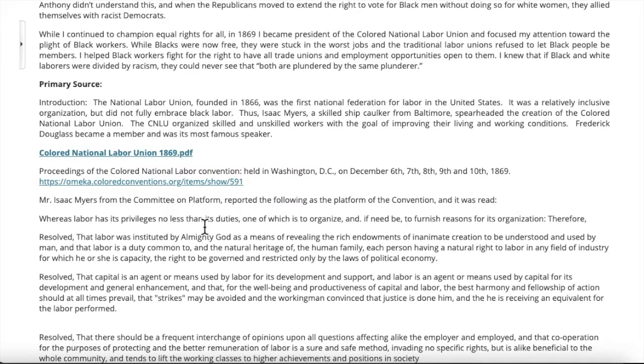A primary source is an historical document from the time in which we are studying. Unlike a textbook, which is written by people alive today, a textbook is a secondary source, but a primary source is a source from the people we are actually studying, at the time we're actually studying.